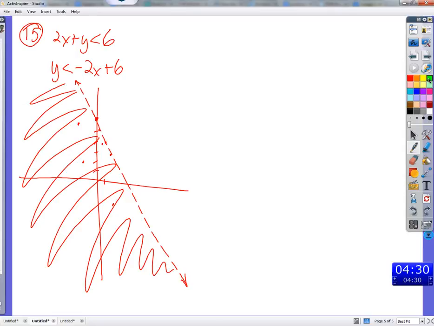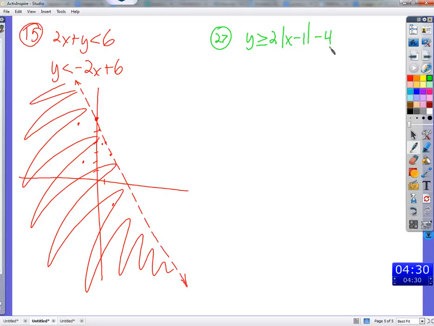So one type of function that we've been using is an inequality function. So we're going to use like number 27. Y is greater than or equal to 2 times the absolute value of x minus 1, minus 4.